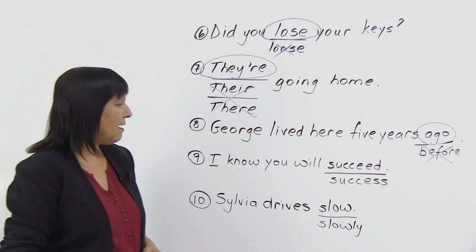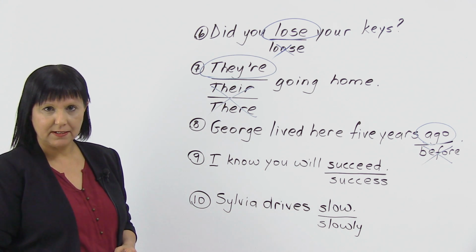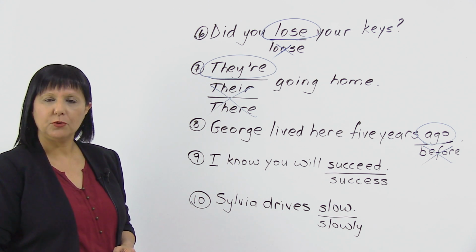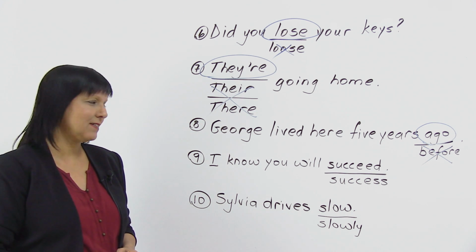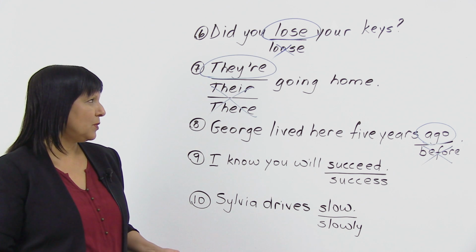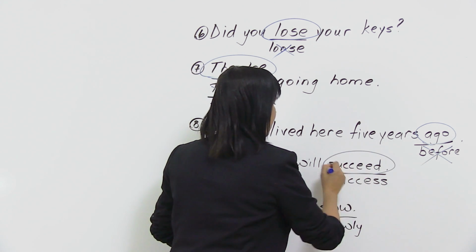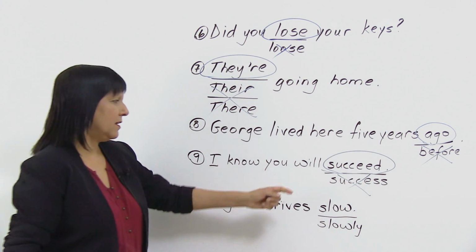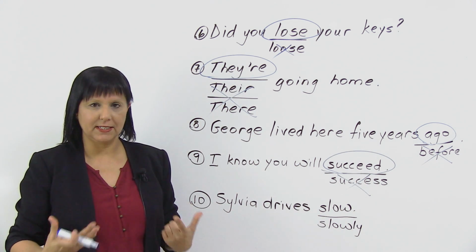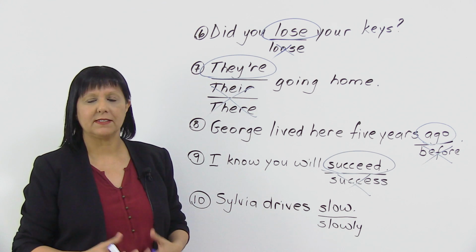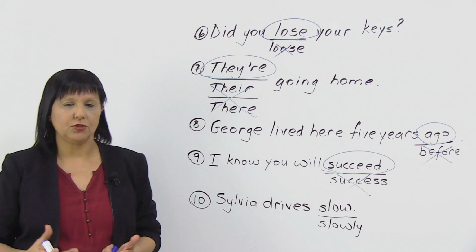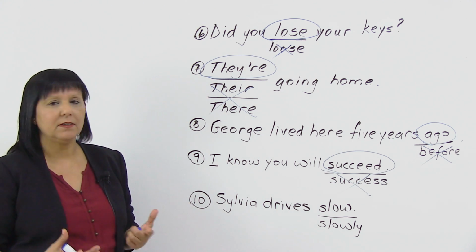Number 9, I know you will succeed, or I know you will success. Which is right? Okay. Again, this is the verb succeed, and this success is the noun. So you don't want the noun in this case, you want the verb.